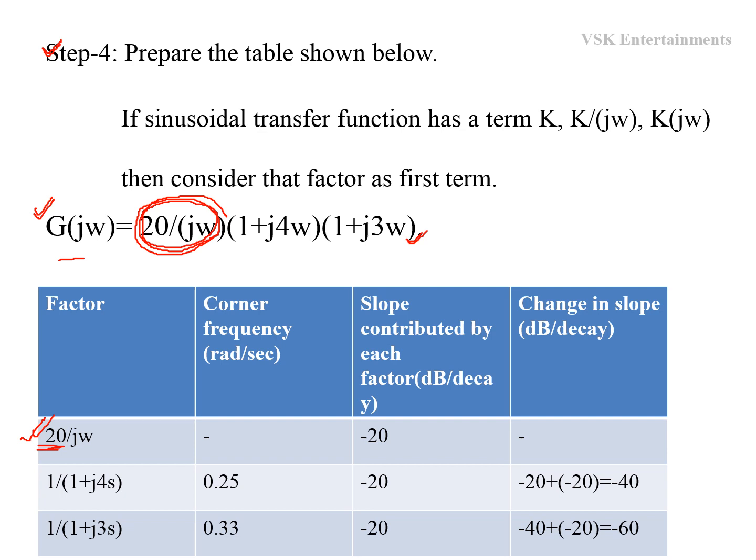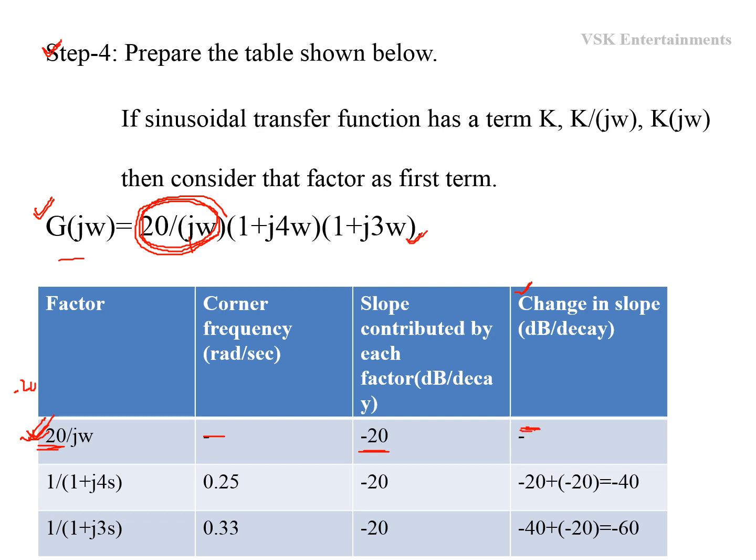There is no corner frequency for it, so the corner frequency is nil. This is a pole, and each pole has a slope of minus 20 decibels per decade, so the slope for this factor is minus 20 decibels per decade. There is no change in slope because there is no previous factor, so the change in slope is nil.